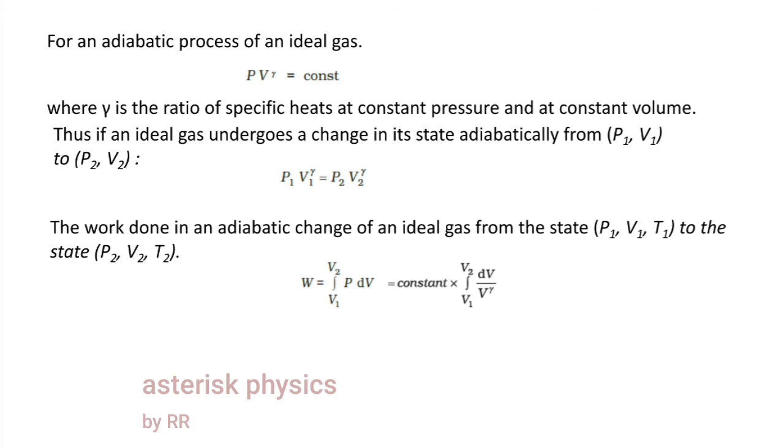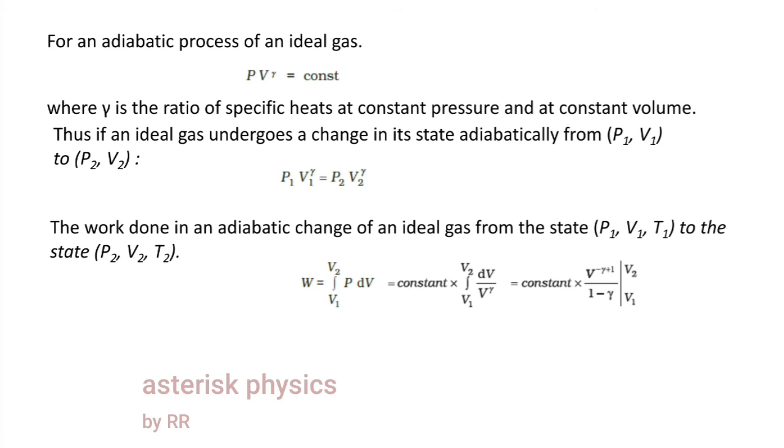Because we know that the equation of state is PV^γ is a constant, therefore pressure P is equal to constant divided by V^γ. So that value is substituted in this equation, and the work done reduces to constant times the integral from V1 to V2 of dV/V^γ.